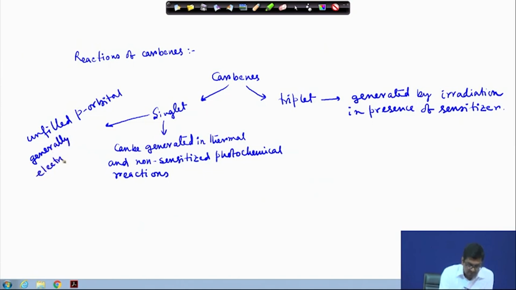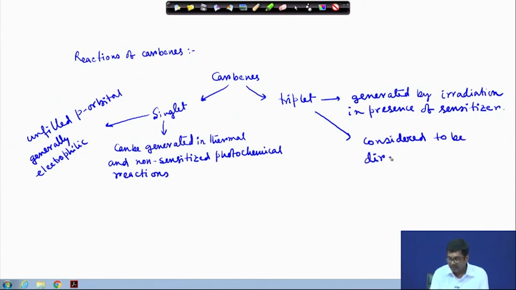But in triplet carbenes, the two electrons are not paired; they stay in one sp2 and in a p orbital, so it can be considered a diradical. From here we can suggest that the reactivity of these two carbenes is different, so their reactions will be different.